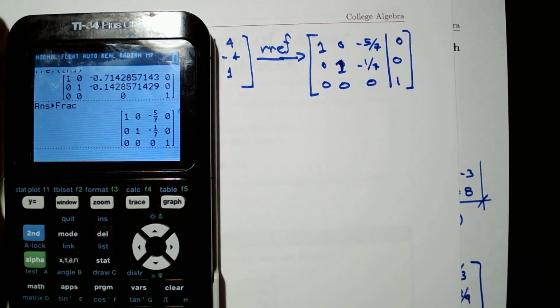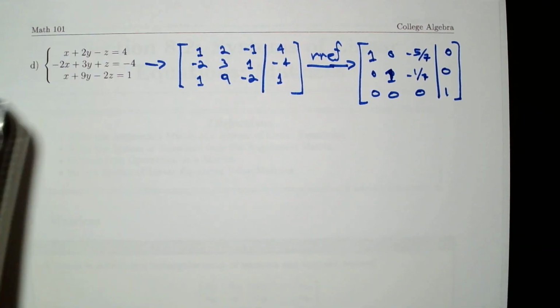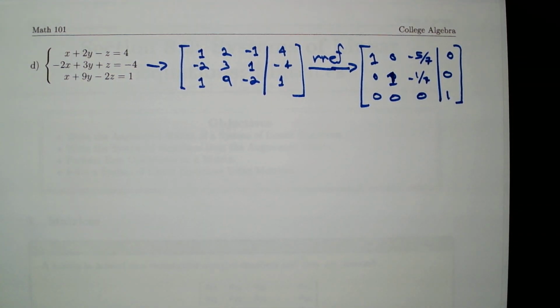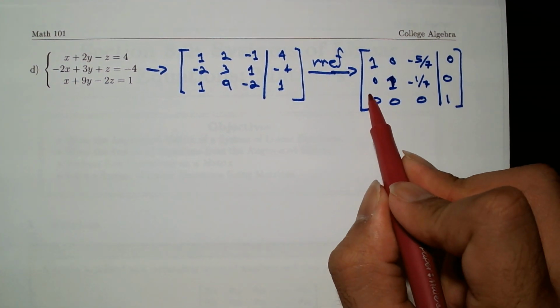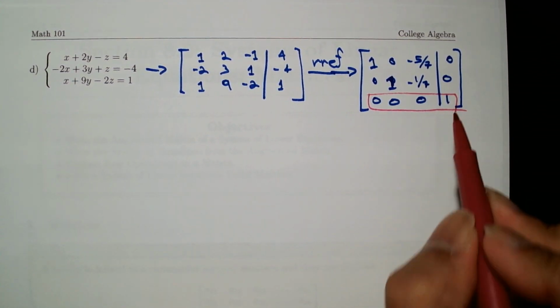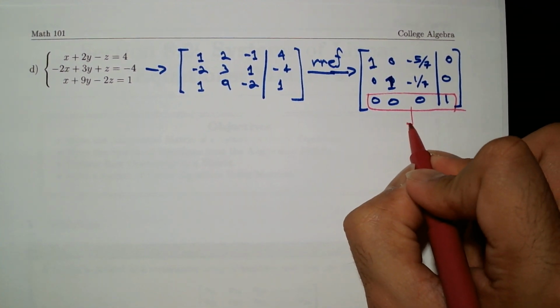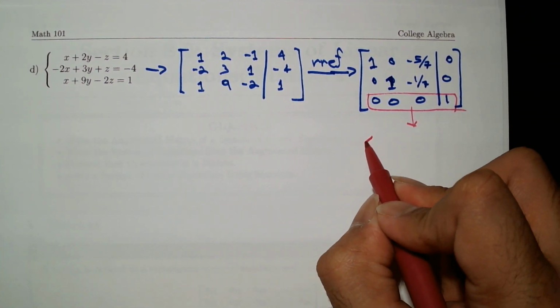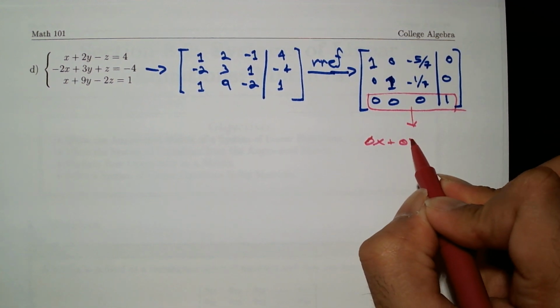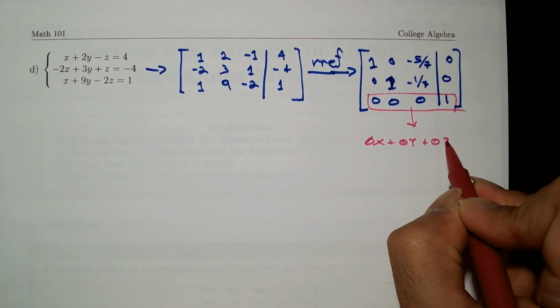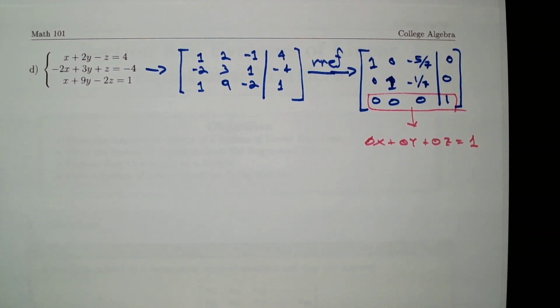Okay, pay special attention to this system of equations. As opposed to the previous systems, where we got really nice solutions, pay special attention to this last row. This is telling us that 0x plus 0y plus 0z equals 1, isn't it?